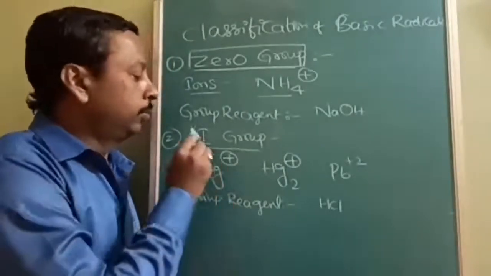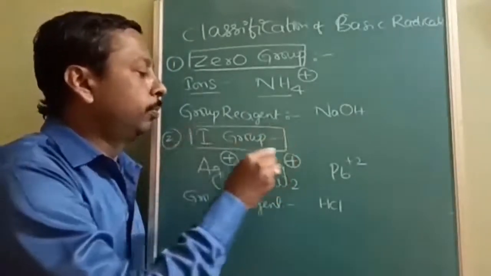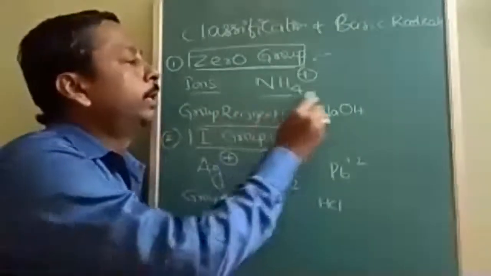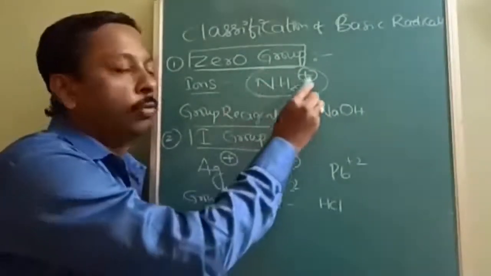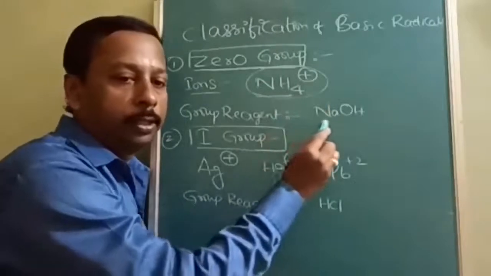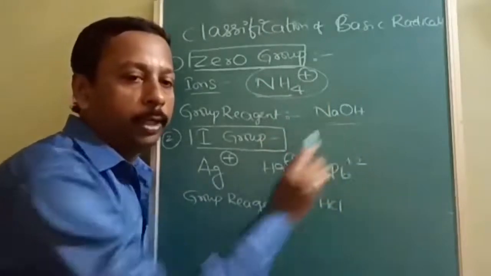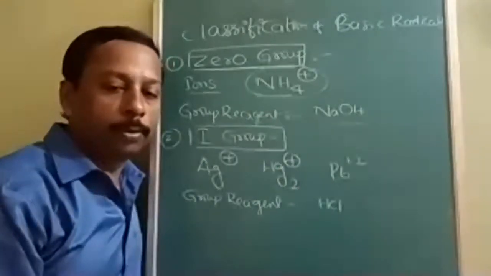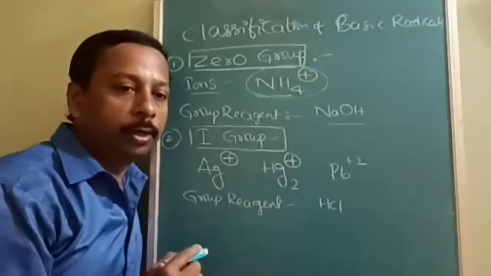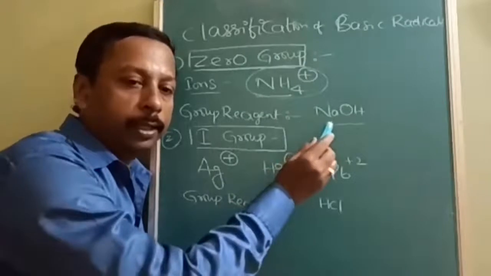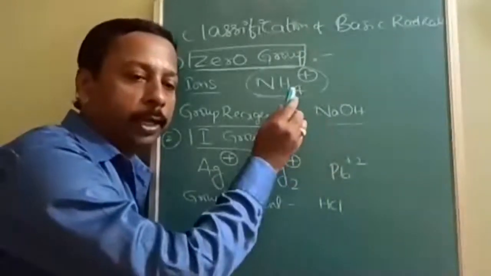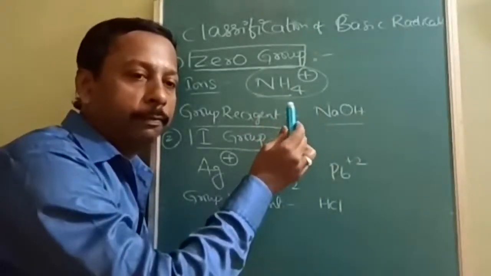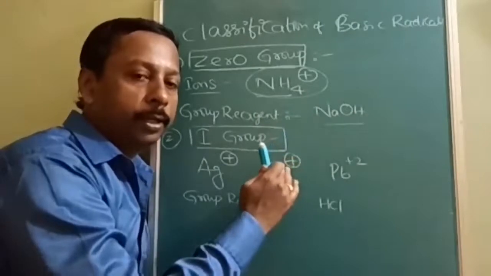To identify NH4 positive, what is the group reagent? NaOH is the group reagent. To identify the presence of NH4 positive in the given salt, we will add NaOH. After adding, what will happen and how you will identify that, we will discuss separately.